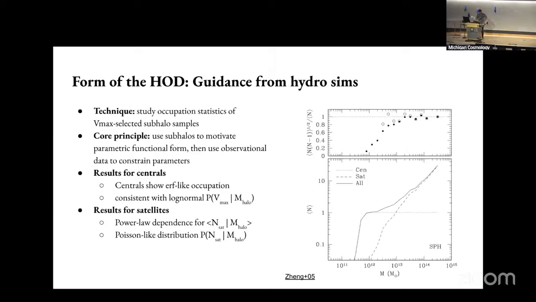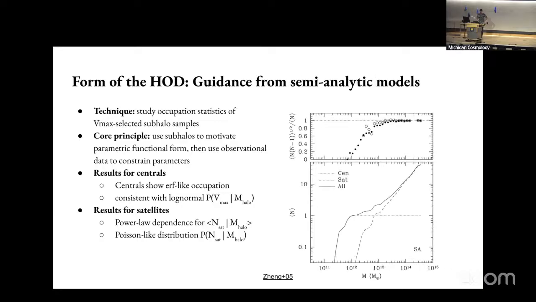Zheng did this in parallel work using early hydrodynamical simulations with smoothed particle hydrodynamics, to count, as a function of a threshold in galaxy mass, how many galaxies as a function of halo mass live in a dark matter halo, and found the same basic result of an error function type scaling relation and a power law for satellites. And we repeated this also not just for SPH hydro simulations, but also a semi-analytic model at the time, again seeing the same characteristic scaling relation.